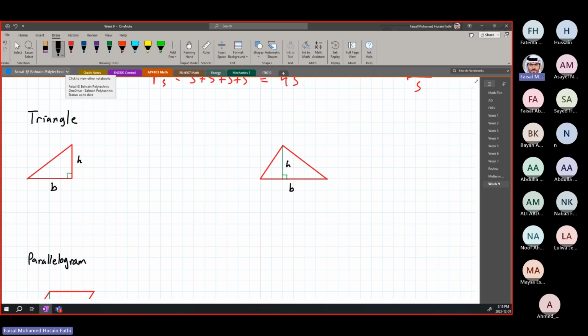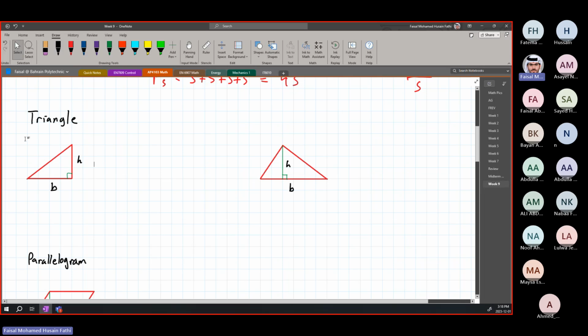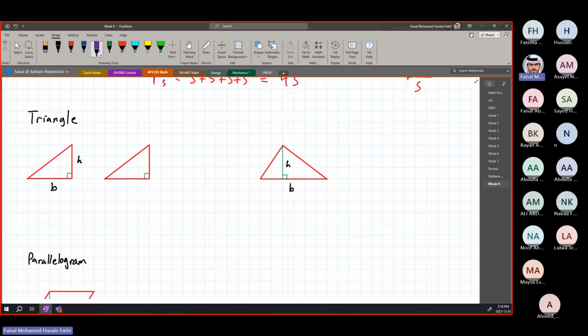If we take a rectangle of the same size. So let's just copy this. Okay, let's put this here. So let's complete this as if it is a full rectangle. Okay? So this is the rectangle. The rectangle, we already know what the area of a rectangle is.